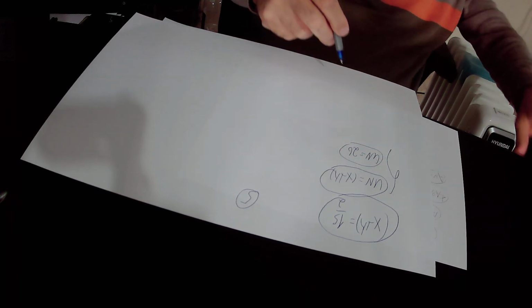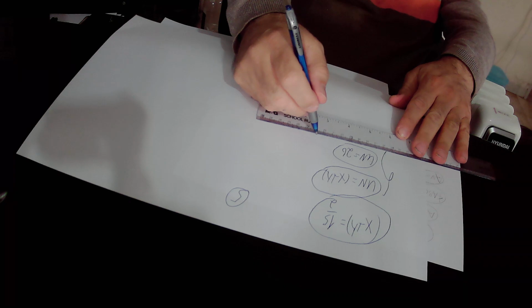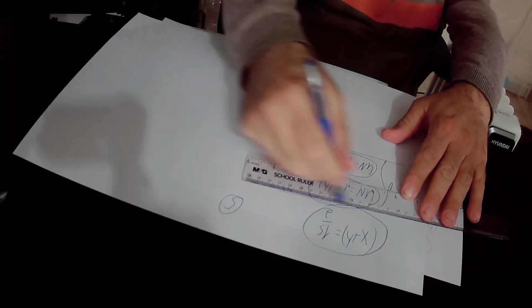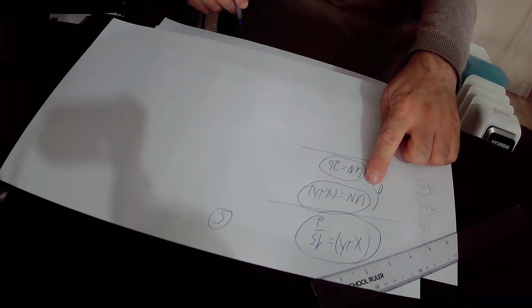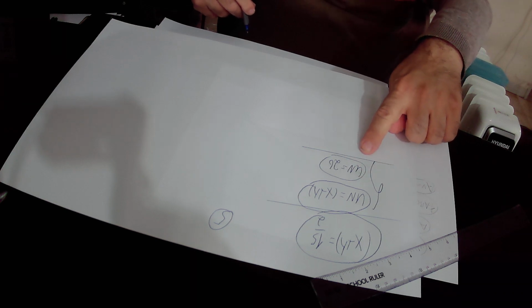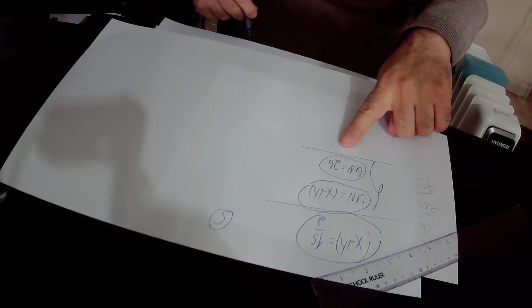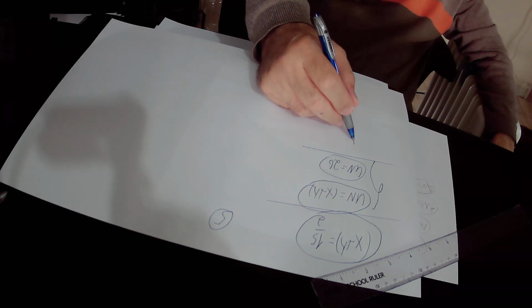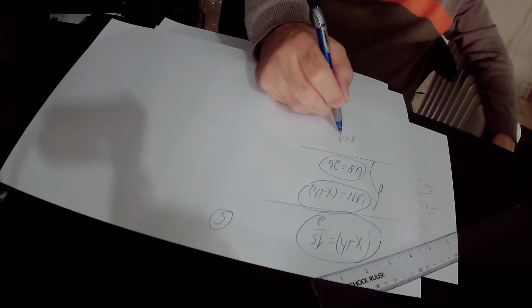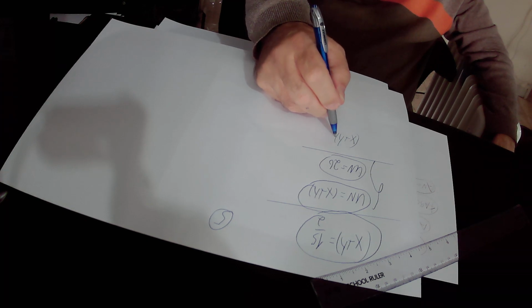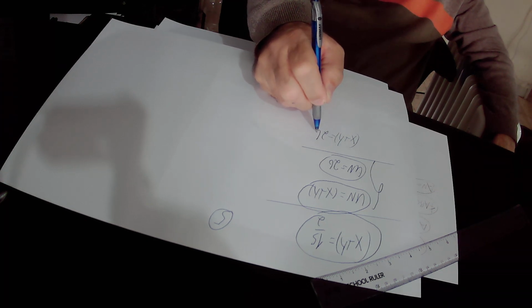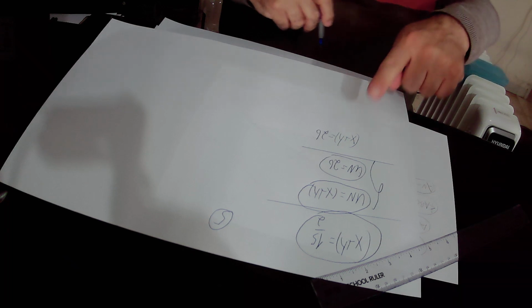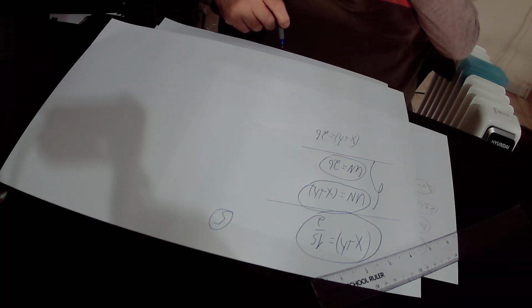And from those two equations, UN equals X plus H and UN equals 2b, we derive that X plus H equals 2b.